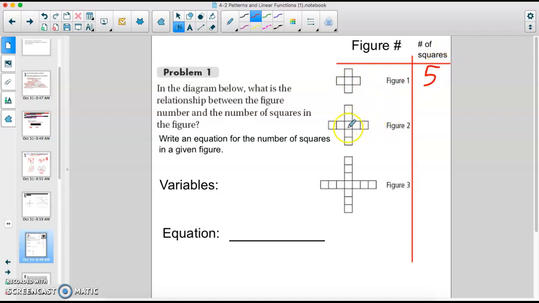For figure number 2, we have 9 squares. And then this one, we have 13. Okay. So our variables, we'll probably use F for figure number, and we'll say S for squares.